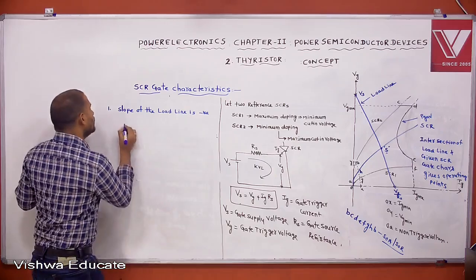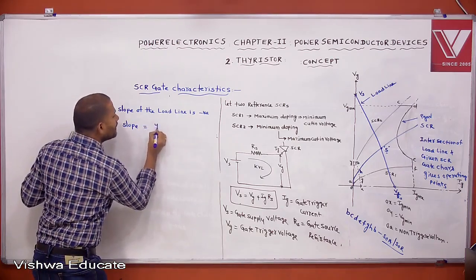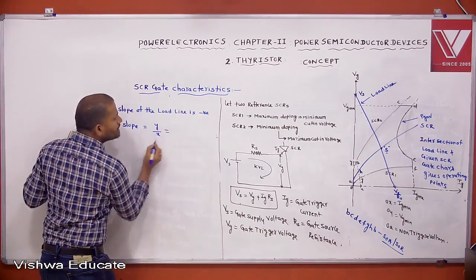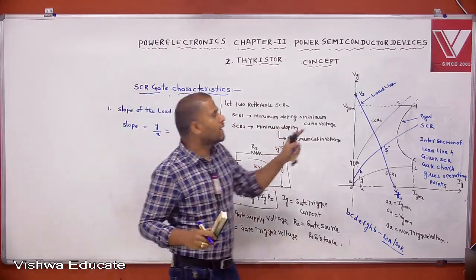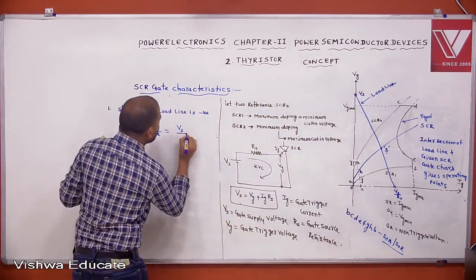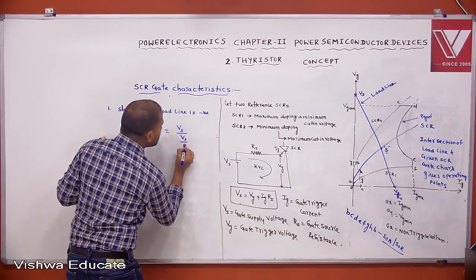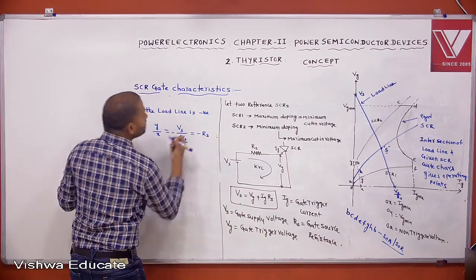What is the slope? Slope equals y-axis coordinate by x-axis coordinate. The y-axis coordinate is Vs and the x-axis coordinate is Vs by Rs. It is a negative slope, so the slope is minus Rs.